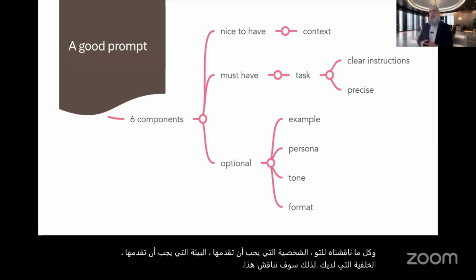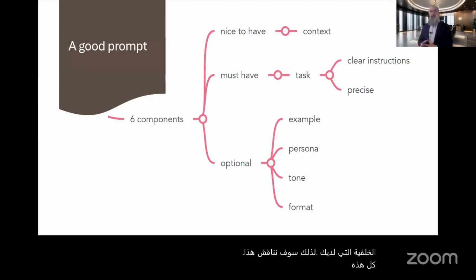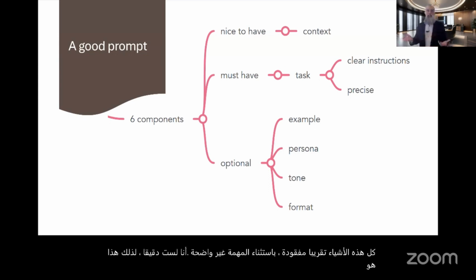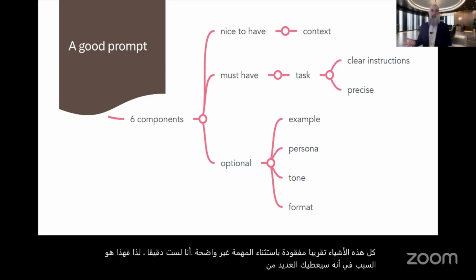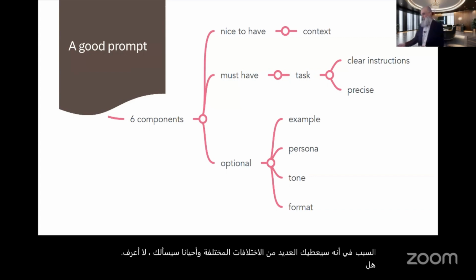Almost all of these are missing, and even the task is not clear and not precise. This is why it will give you many different variations, and sometimes it will ask you to please explain more.